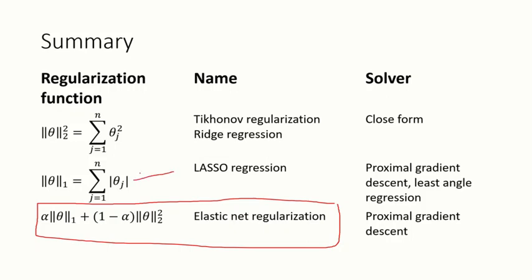So this is lasso, using the L1 norm as a penalty term for the parameter space. And this is ridge regression. And there's another one called elastic net regression. This is a combination of lasso and ridge regression. And this is norm 1, this is norm 2.